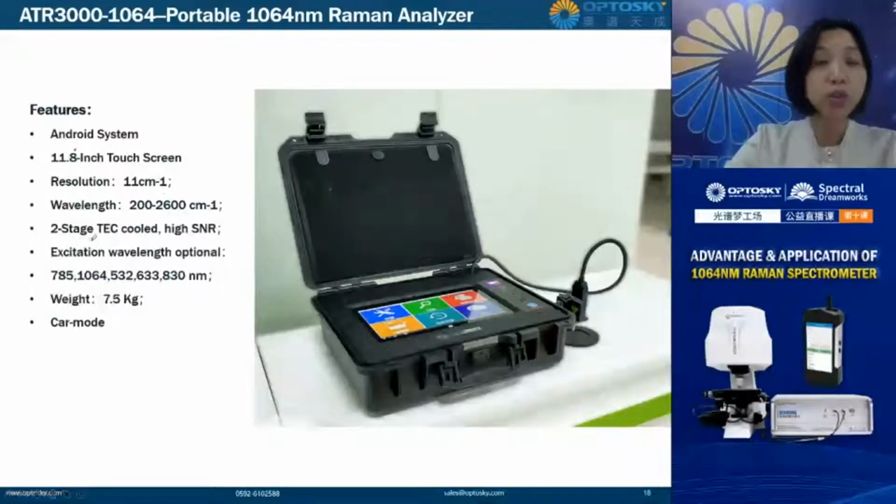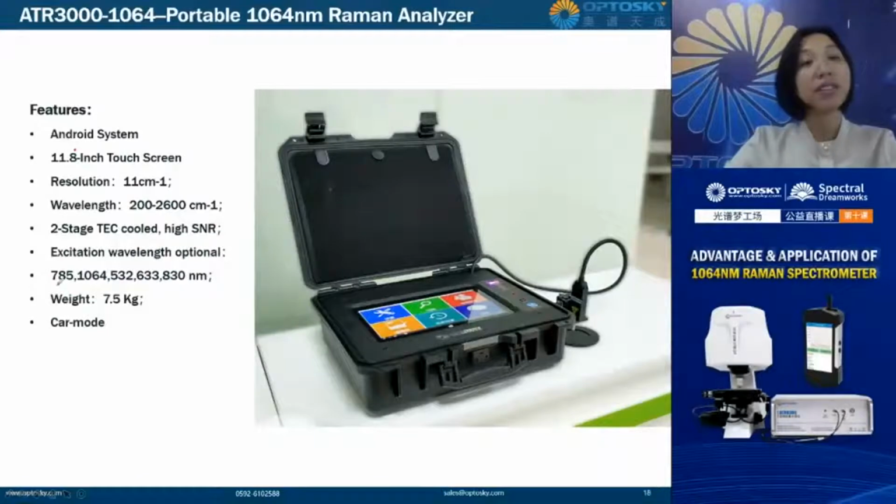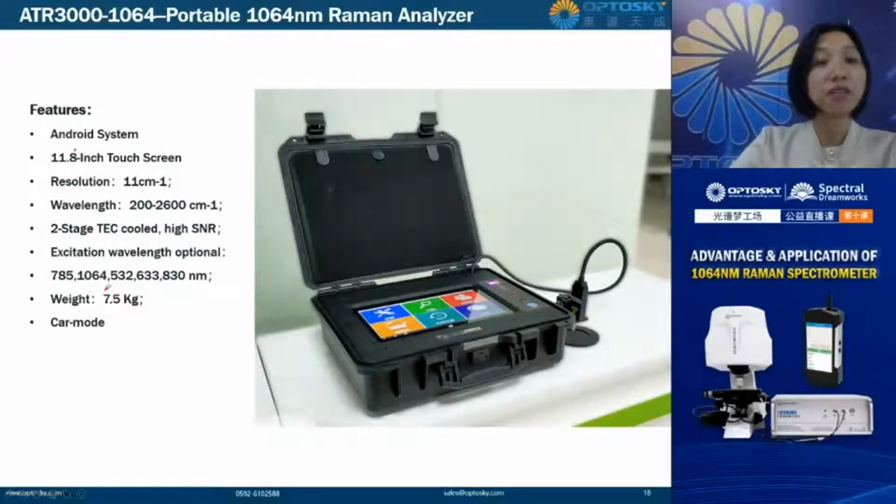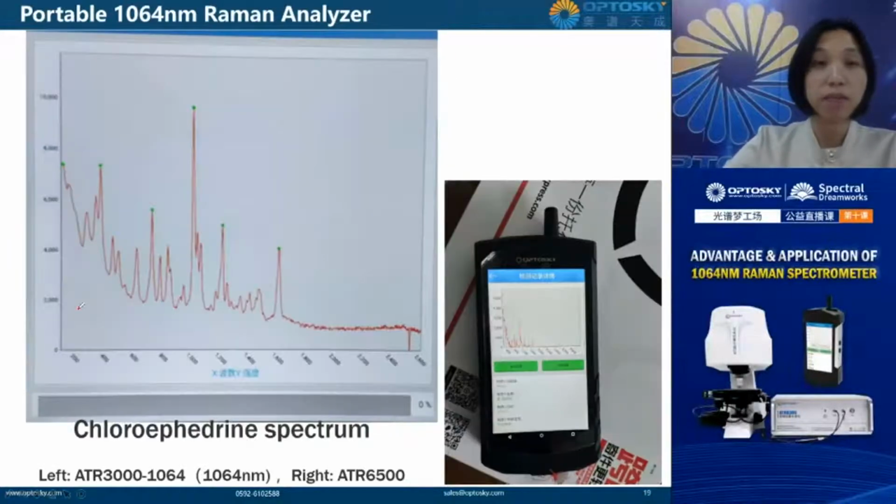And we have the two-stage TEC port with a high signal-to-noise ratio. And excitation wavelength is optional. And we have the 785, 1064, and 532. And we have the 1064 and weight 7.5 kilogram and car mode.